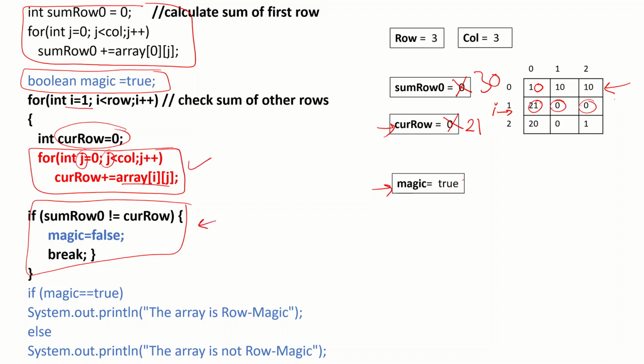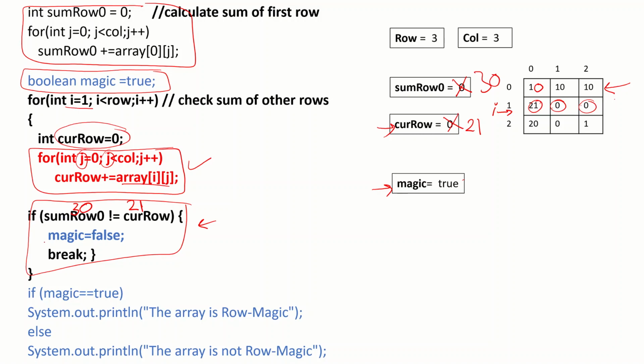Now once we are done with the current summation, I have to check, do we have the same summation or not? The summation at row 0 is 30, but the summation at the current row is 21. They do not have the same value, which means we have to stop and state that this is not a row magic.